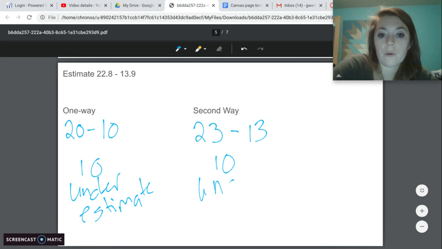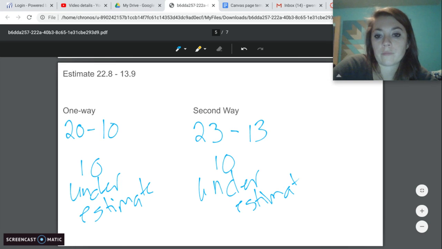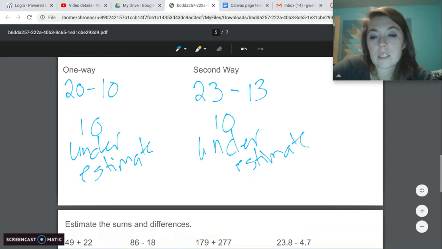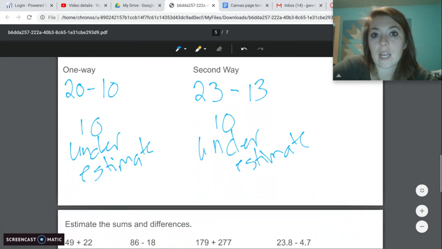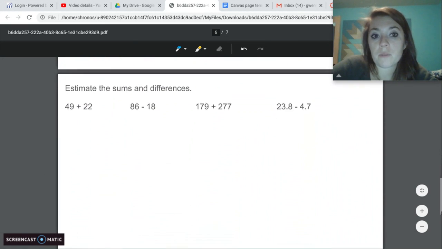So also an underestimate. So those are 2 different ways that you can do this. One's using compatible numbers, one's rounding it to give us nice big open whole numbers, which definitely gives us not as close of an answer.